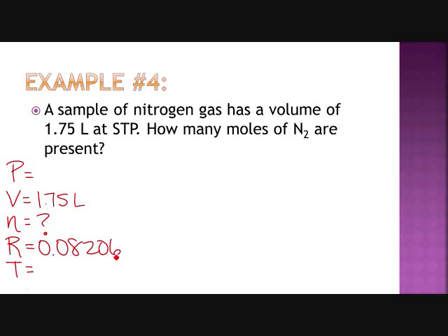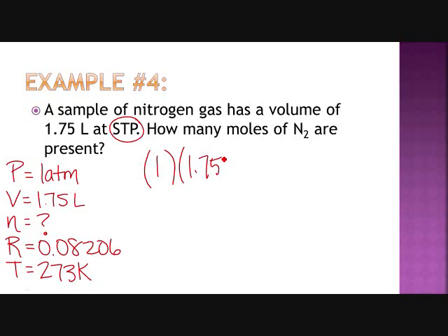And that's where your hint of STP tells you to plug in 1 atmosphere and then 0 degrees Celsius or 273 Kelvin. If it ever just says STP, then you automatically plug in those values. So it'll be 1 times 1.75 equals n times R times 273.